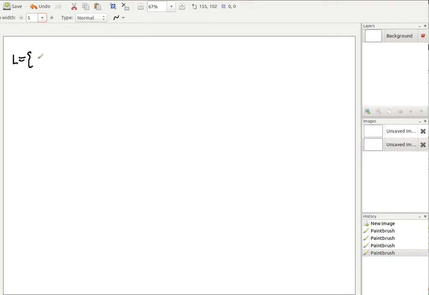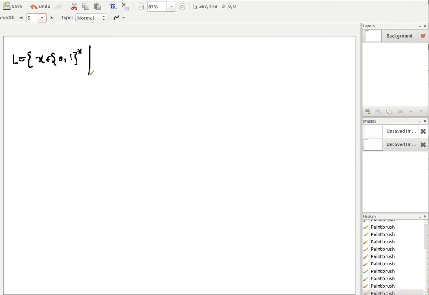So it was that if x belongs to {0,1}* such that the third symbol from left or from right, so right, is, let's say, 1. So this is the question we raised.